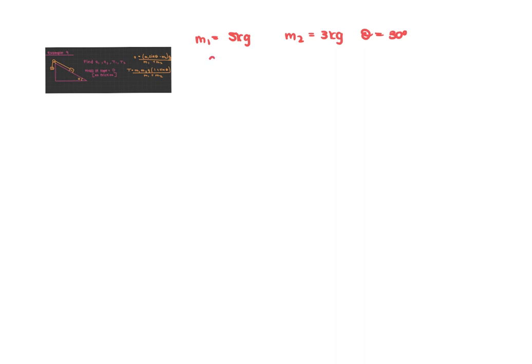But we know, based on this problem, that A1 equals negative A2, and that T1 equals T2 because there is no friction.